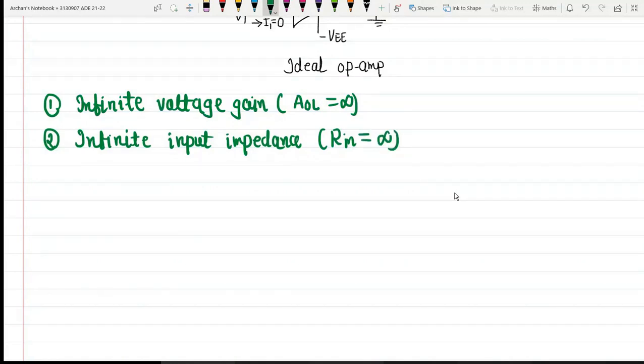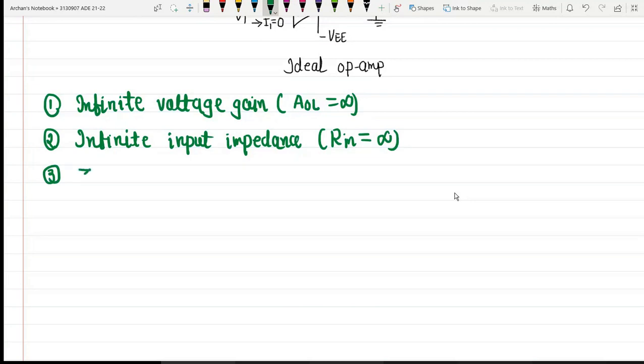The input impedance is denoted by Rin, and its value is infinite for the ideal op-amp. This ensures that no current can flow into an ideal operational amplifier.